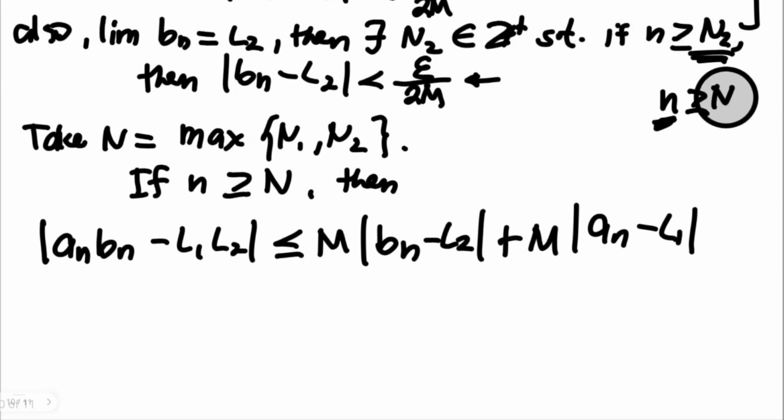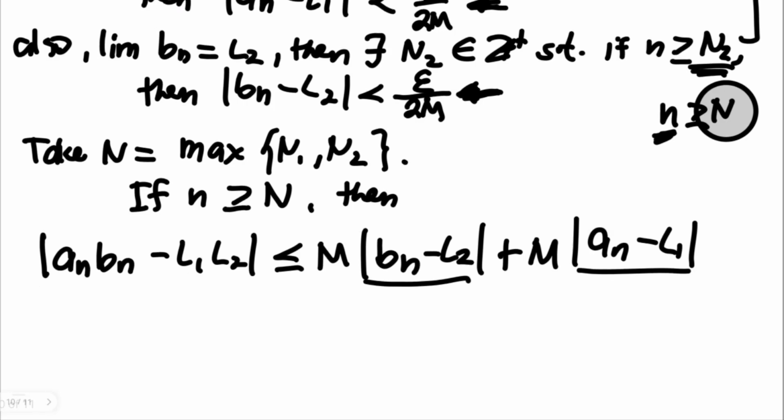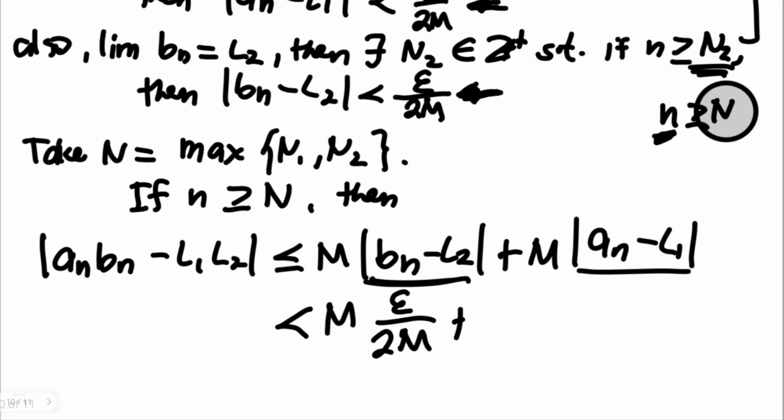But since this has been declared as less than epsilon over twice m, and this is also the same, this is why I told you earlier this is correct, and this is very important to come up with the correct expression, because you will have this form. This is still less than m times epsilon over twice m, plus m times epsilon over twice m.